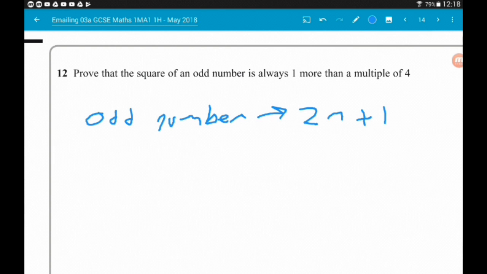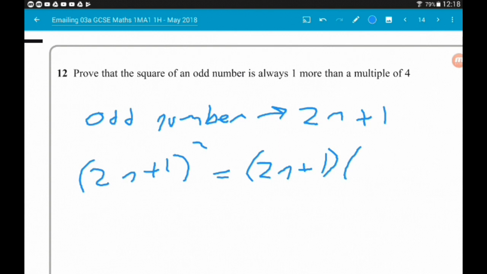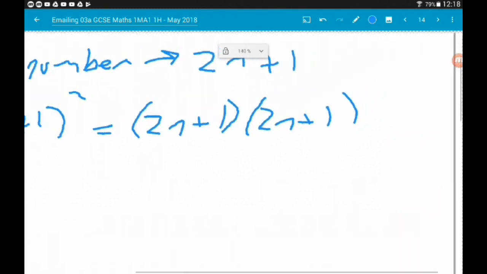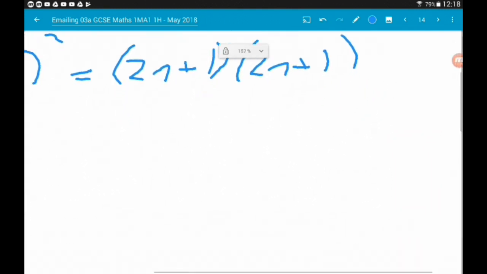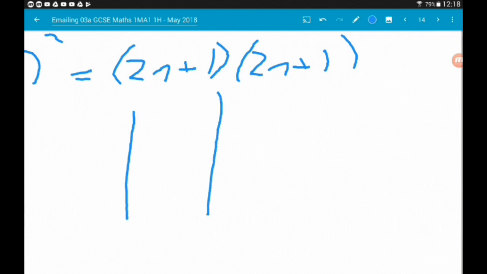So, if we now square that, so 2n add 1 squared, well that means 2n plus 1 times 2n plus 1. So, use whatever method you're happy with for this. I would always recommend the table.